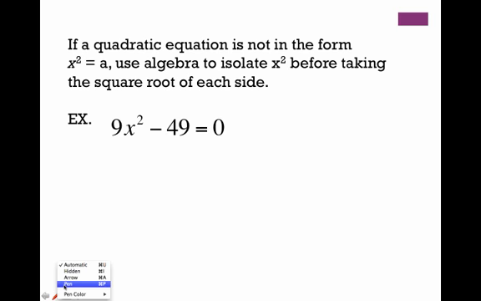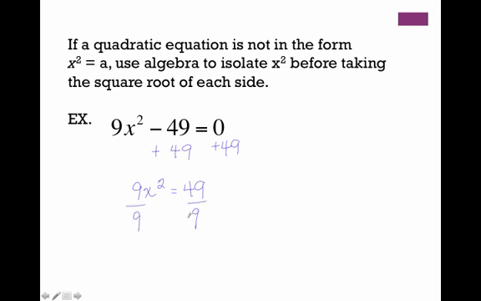I've got 9x squared minus 49 equals 0. Well, I'm going to need to isolate. I'm going to have to add 49 to both sides. So I find that 9x squared equals a positive 49. And then I'm going to have to divide by 9 both sides. Remember your SID.